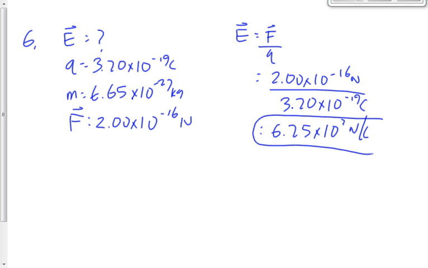Now, when I want to find the acceleration, our instinct is to use the answer that we just got. But we don't. We already have the force. So let's just say a is equal to the force that we were given in the question divided by the mass.